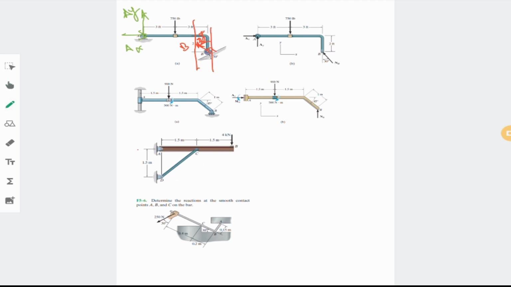And then if you want to plot the free body diagram of that, that would be Ax and another force here, Ay. And for DC we have only a single force here, and that would be, for example, DC, and the direction is completely known, and the only thing is the magnitude.